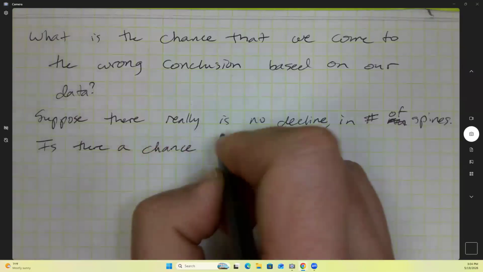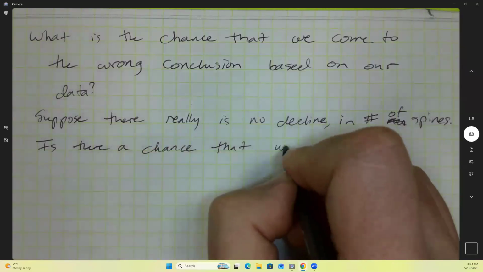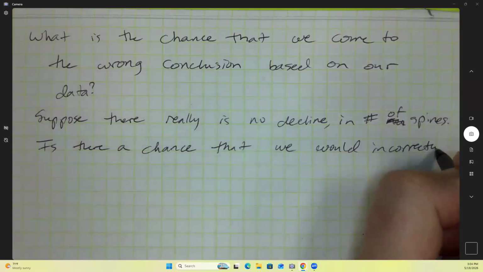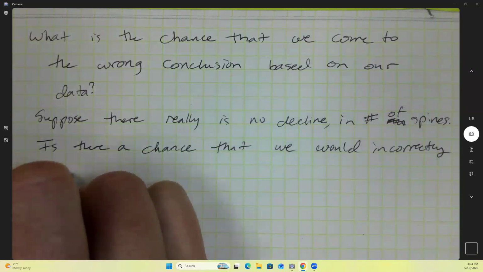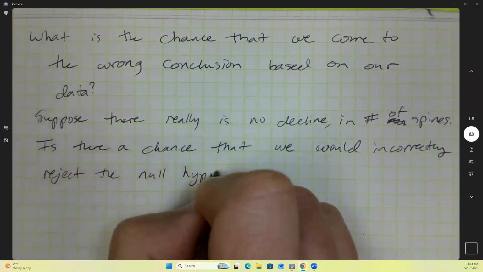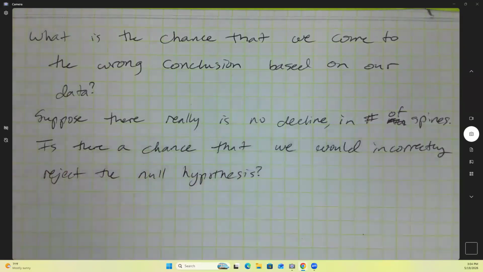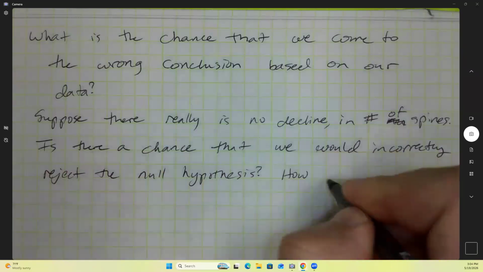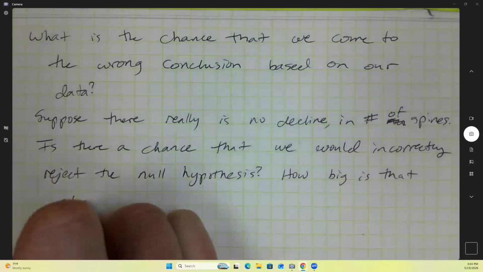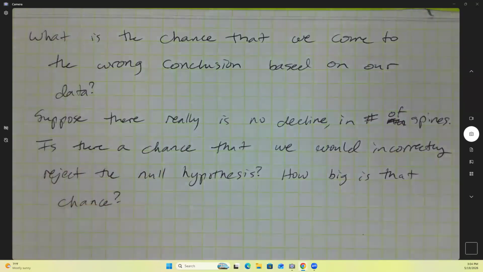Is there a chance that we would incorrectly reject the null hypothesis? If there is, how big is that chance? So take a few minutes, talk with your neighbor about those questions.